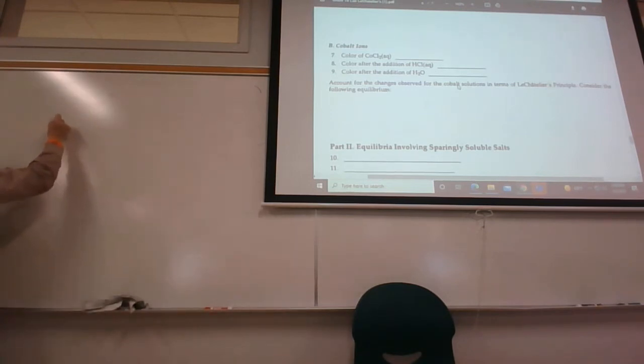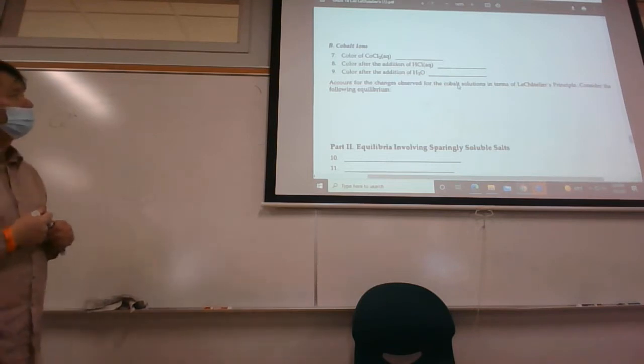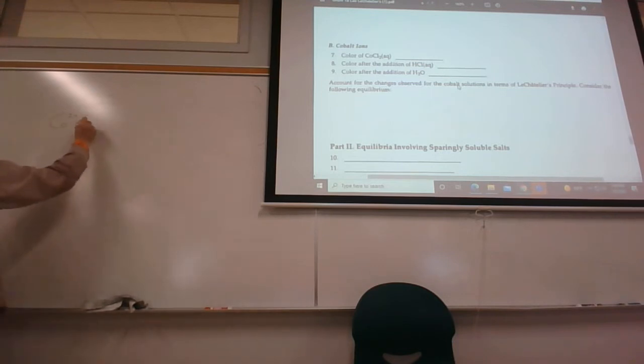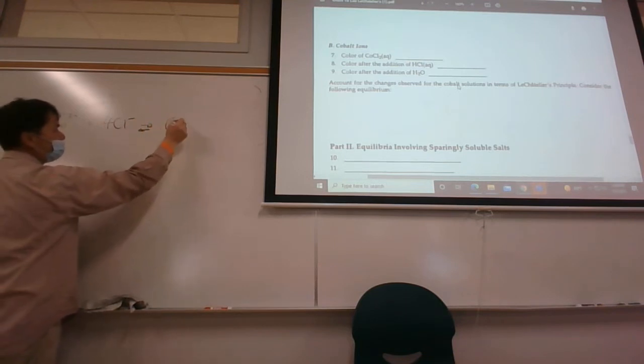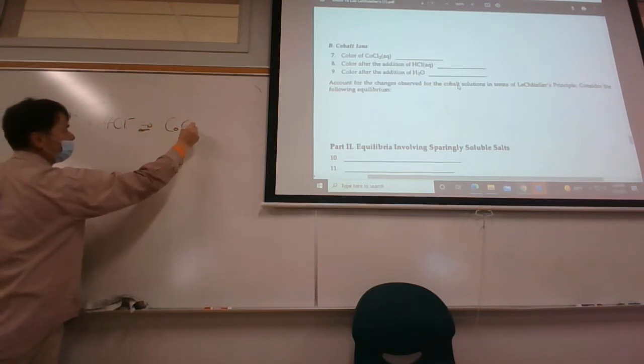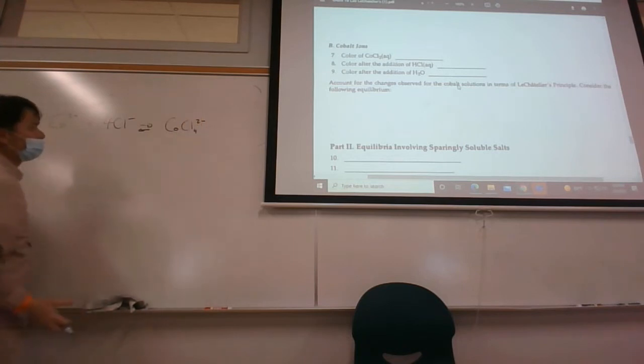So we have cobalt 2, and then we add 4 chlorides to this to form the tetrachlorocobaltate 2 complex.